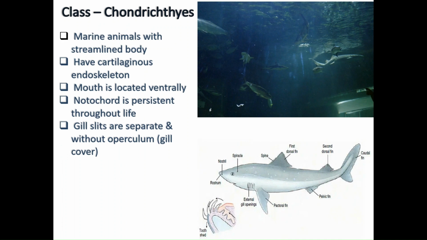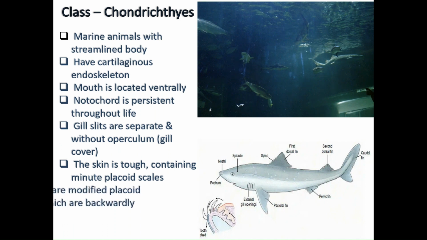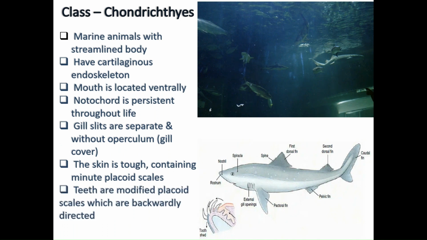Gill slits are present and separate without any operculum or gill cover. Their skin is tough, containing minute placoid scales, and their teeth are modified placoid scales which are backwardly directed.